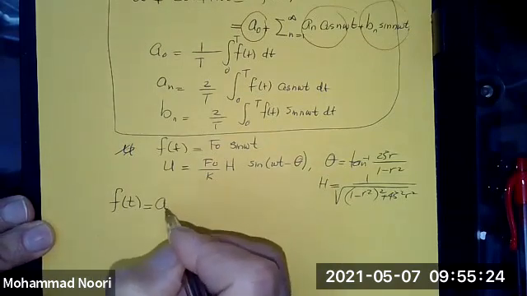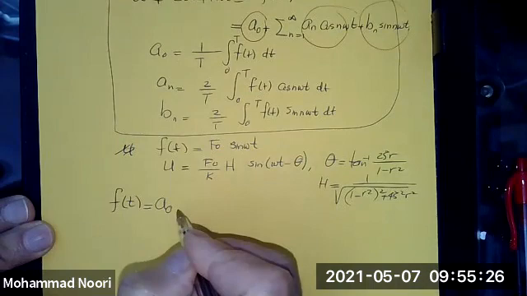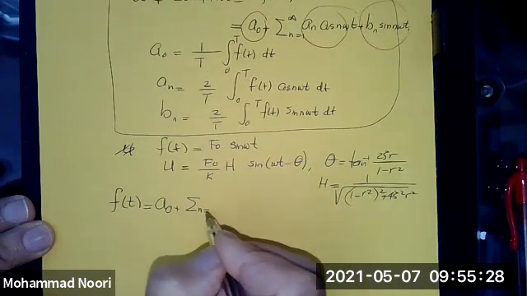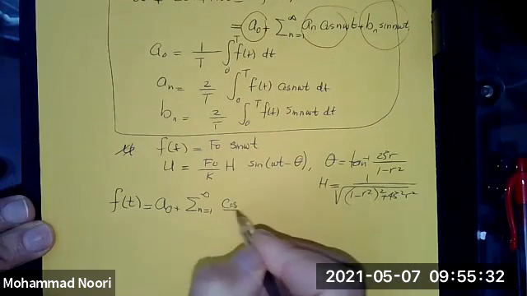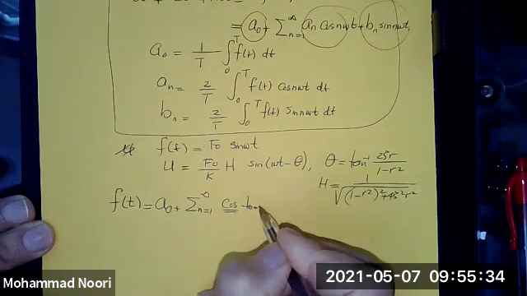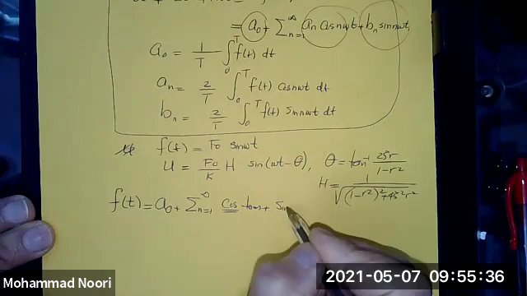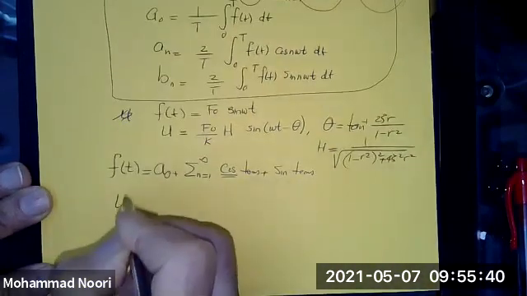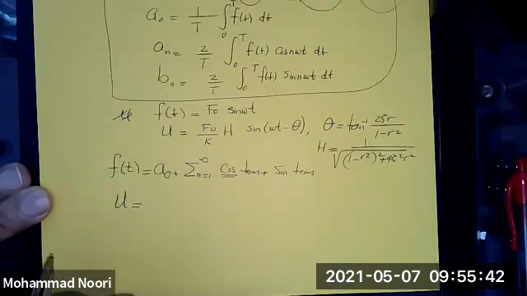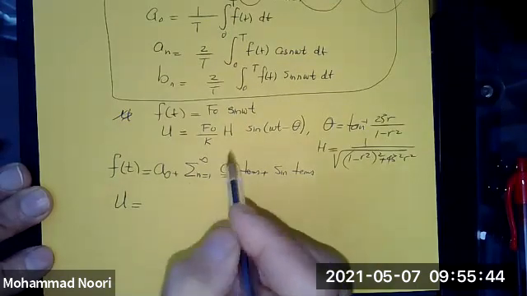You have a naught plus the sum of n equal to 1 to infinity of cosine terms plus sine terms. So u would be what?